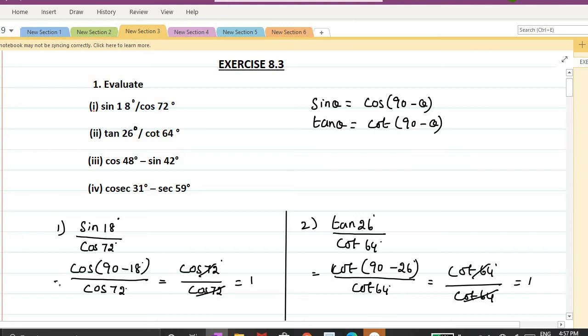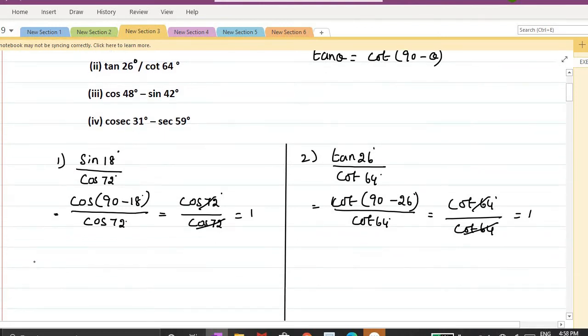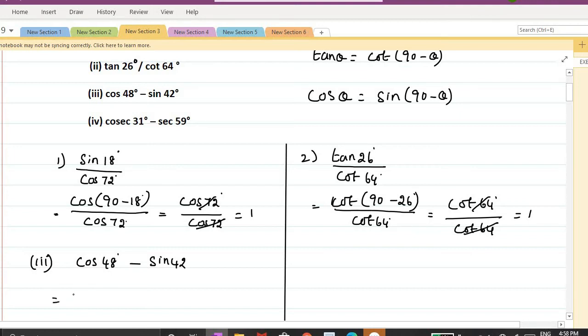Next one, third one: cos 48 degree minus sin 42 degree. Third subdivision: cos 48 degree minus sin 42 degree. Here also I am going to change into a complementary angle. We know that for complementary angles, cos theta equals sin 90 minus theta, which is sin 90 minus 48.